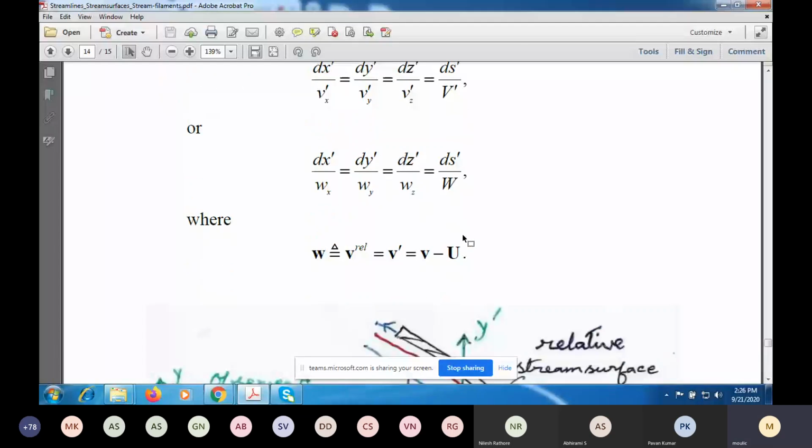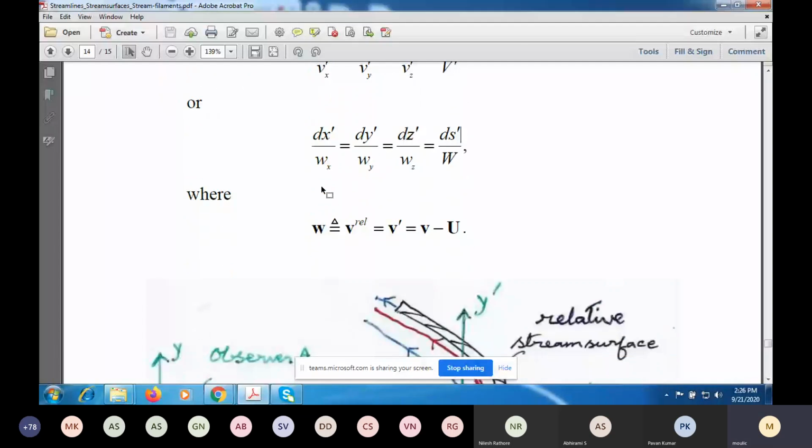So the velocity W you would like to express as a function of x prime, y prime, z prime, and t prime, where t prime is equal to t.